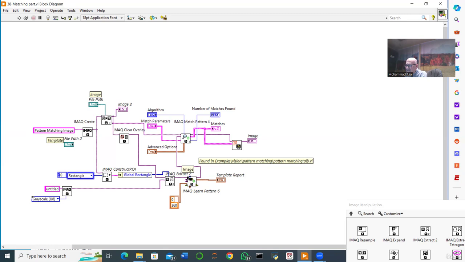It is a template now. And this template information is given at the output through a report, and also the output image is fed to the IMAQ match pattern, as you see in the block diagram.